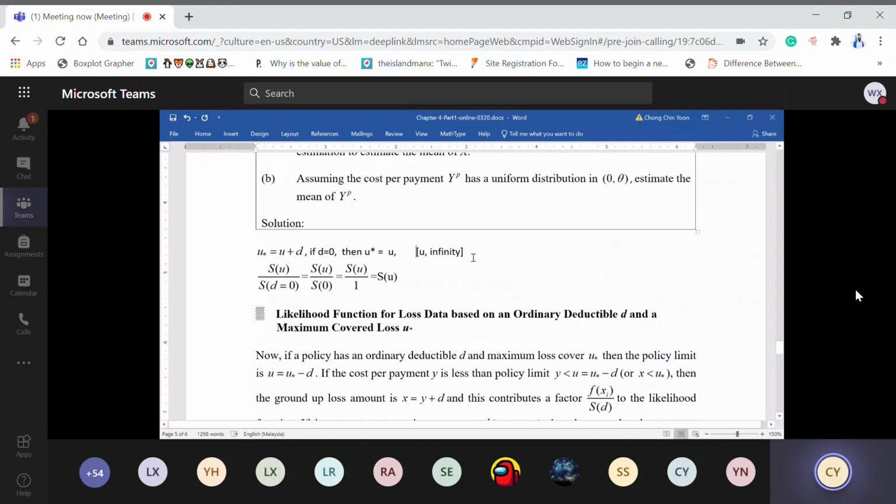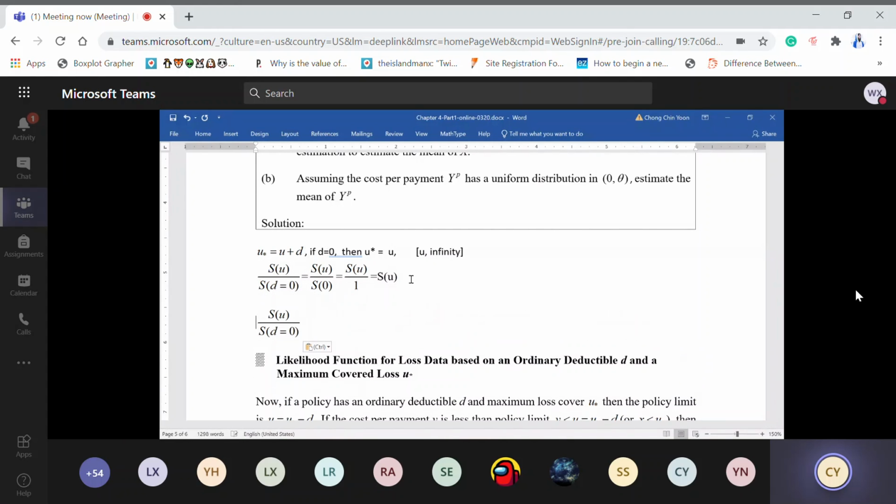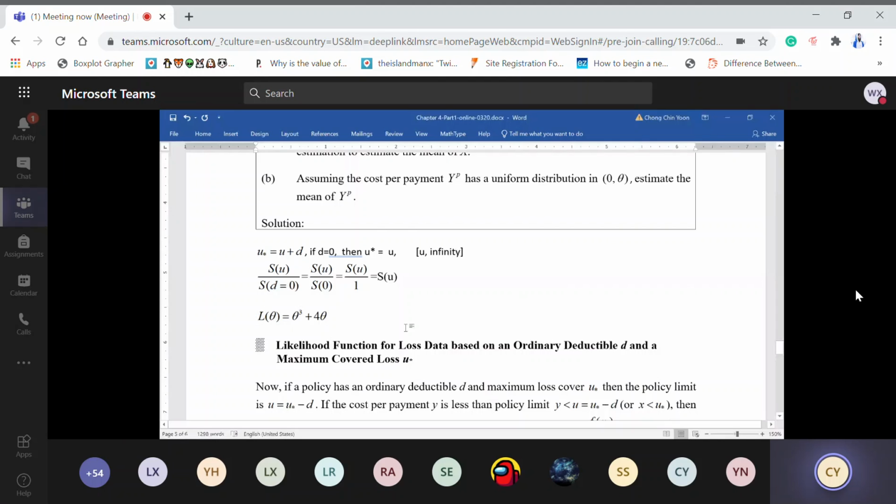For example, let's say your likelihood is just theta cubed plus 4 theta. Are you going to take the log? What for?